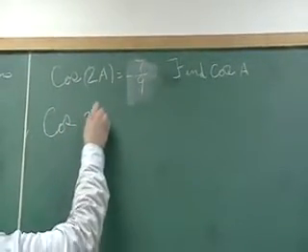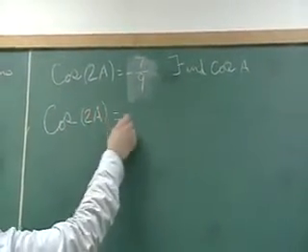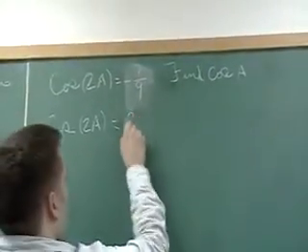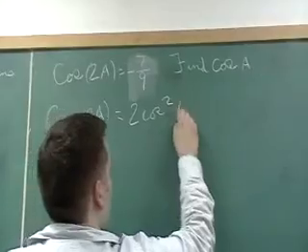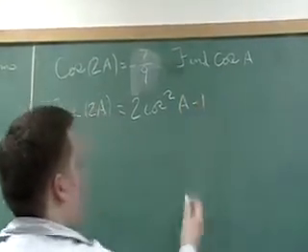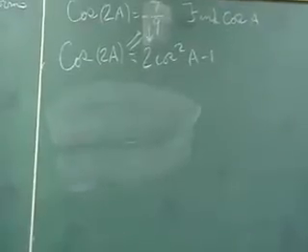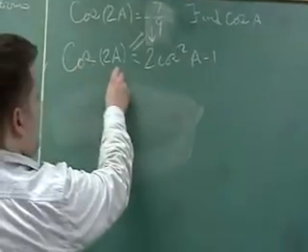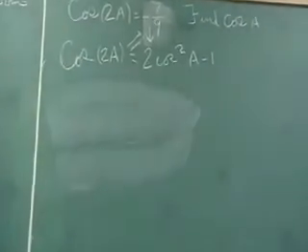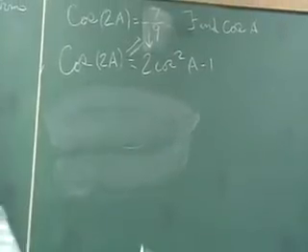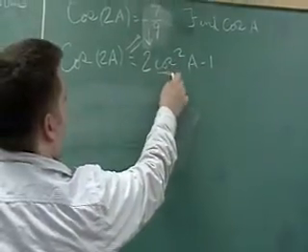cos 2A is equal to 2 cos squared A minus 1. So we have cos 2A equals 2 cos squared A minus 1. You want to get the cos.